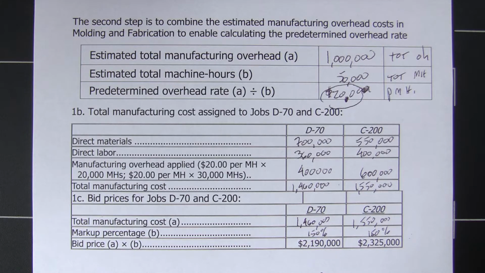But if they made and sold everything, no beginning inventories, no ending inventories, their manufacturing cost is their cost of goods sold. So, a little more comprehensive problem than I've asked you to do so far, but well within your skill set.